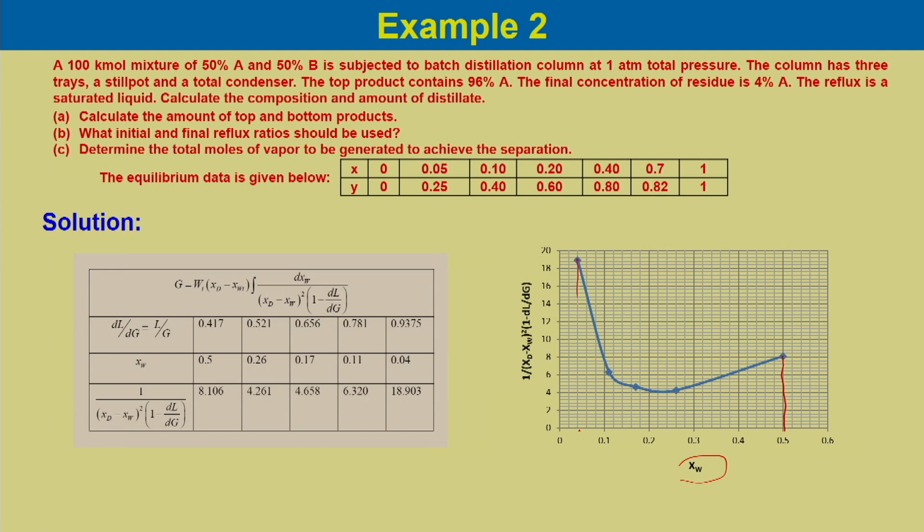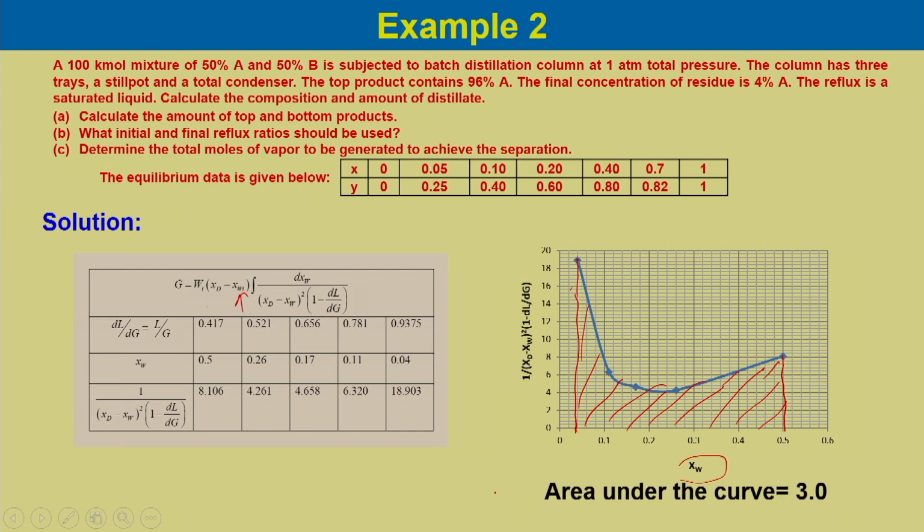So, you need to calculate the area under this curve graphically, and once you get the area under the curve, you can multiply it with Wi into (xd minus xwi). xd is known and xwi is also known to you.